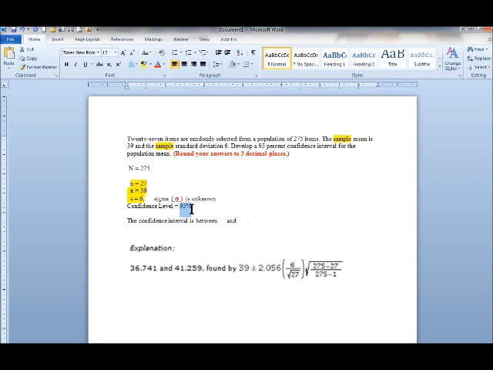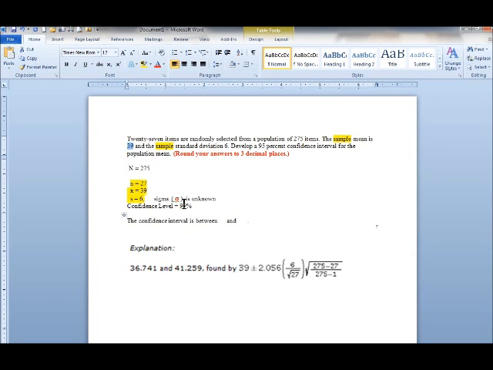Now they want to know, where does the confidence interval begin and where does it end? There's one problem as we get ready to work this. I'm going to go ahead and use the solution that they've provided, because what they're saying is that 39, which is the sample mean, x bar, is in the middle.